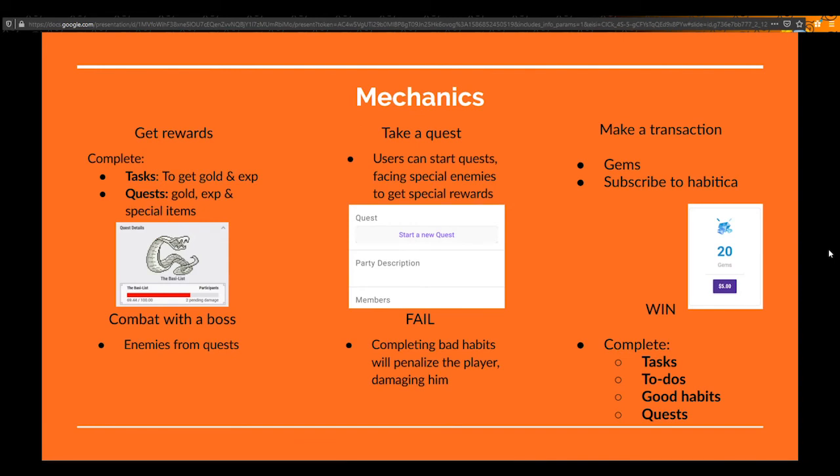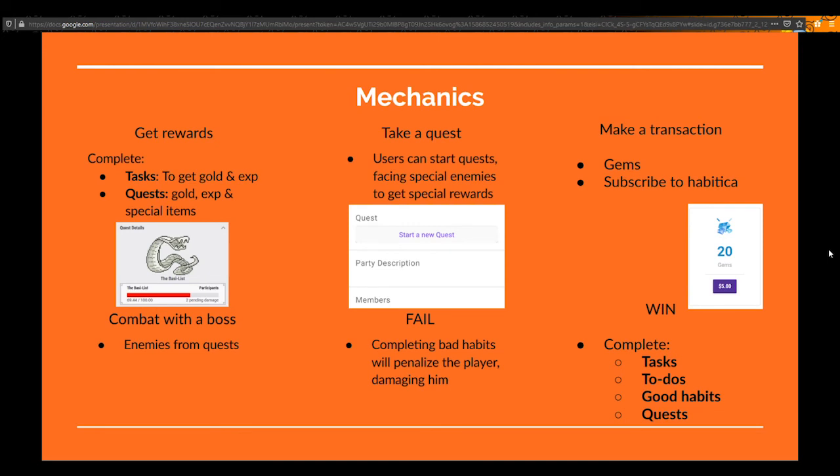The user can get rewarded a lot of times by completing his tasks, which are habits and to-dos, which will give him gold and experience. Quests will give him gold and experience as well as special items too. Users can make transactions.